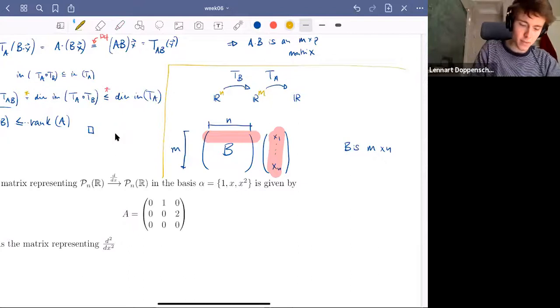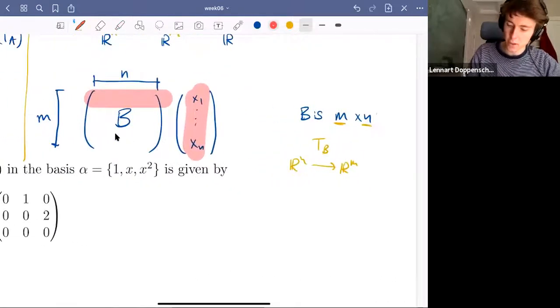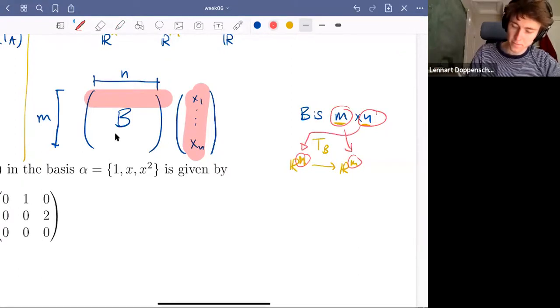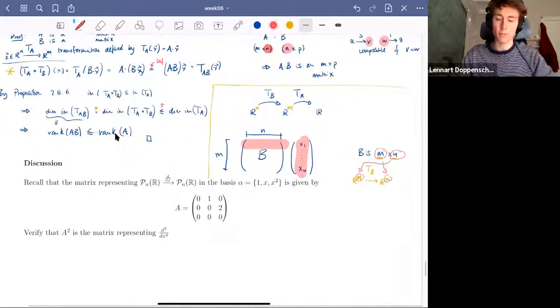So if B is m cross n, then TB goes from Rn to Rm. So these numbers are exactly switched. The second number is the dimension of the domain, and the first number is the dimension of the codomain. So this is probably the easy way to remember. You just have to switch these things.